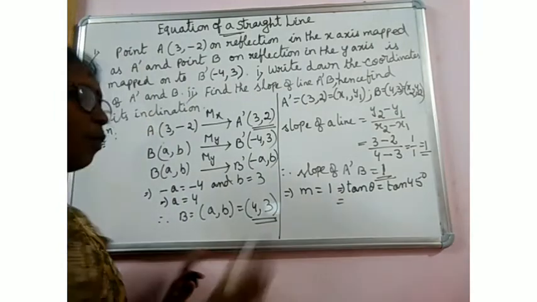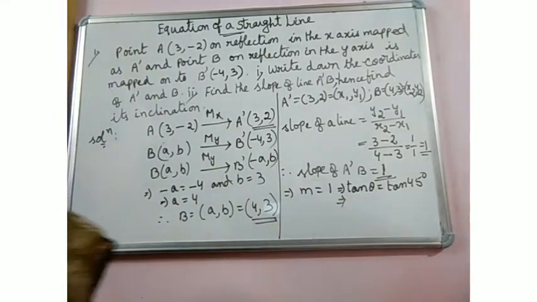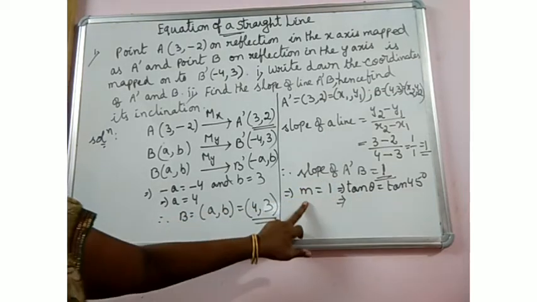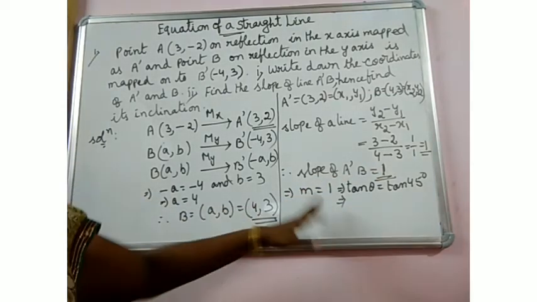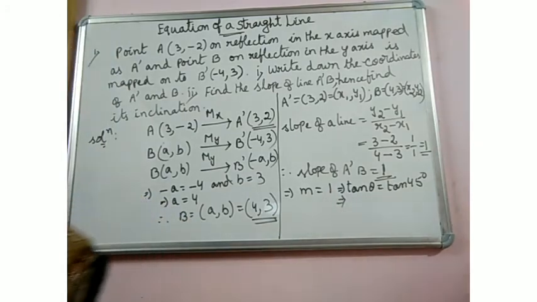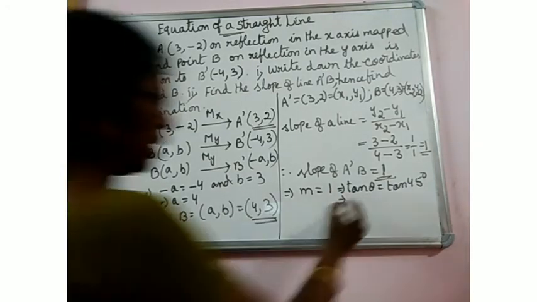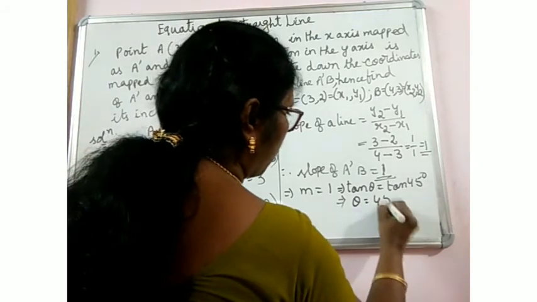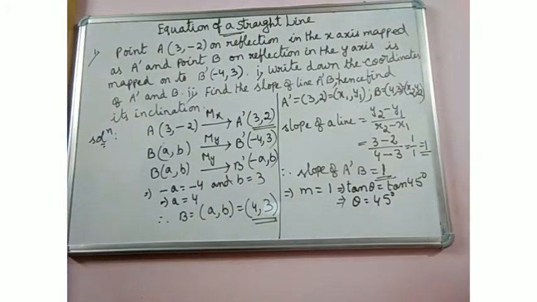You know that 1 is the value of tan 45 degree. That means theta is equal to 45 degree. What is theta? That is the inclination.